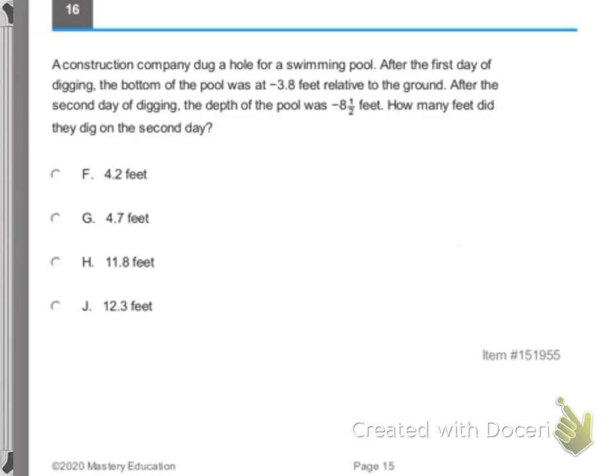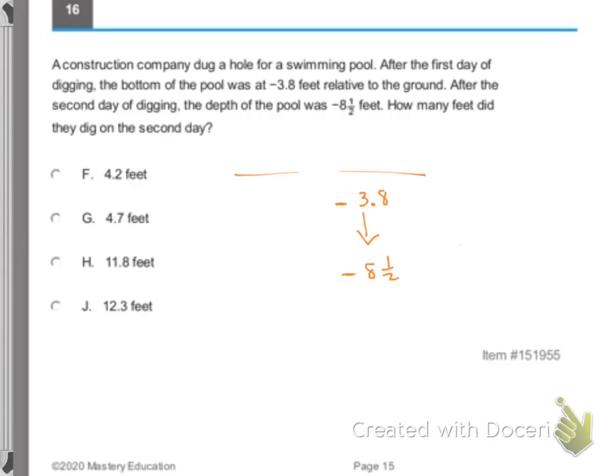All right, so what's happening is, let's say that this is some ground here, right? And they've dug this hole. And they're at negative 3 8/10. Well, they continue to go down, and then they're at 8 1/2. And they want to know how many feet did they dig.